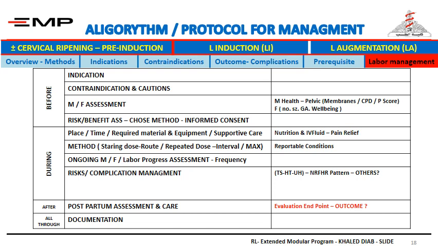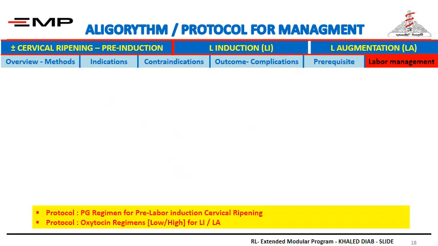A suggested frame for an algorithm or a protocol for labor induction or labor augmentation or pre-induction cervical ripening is presented in the following table. During the face-to-face session, together with the students, such protocols will be discussed.